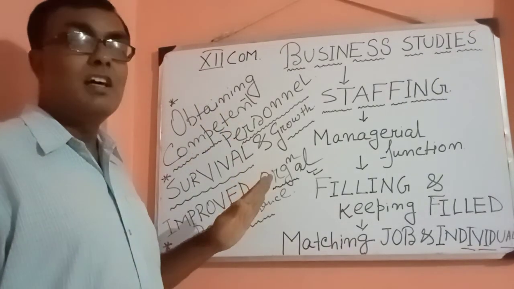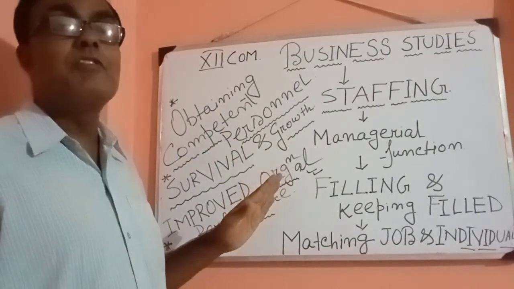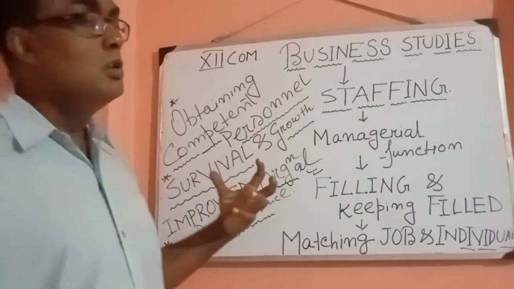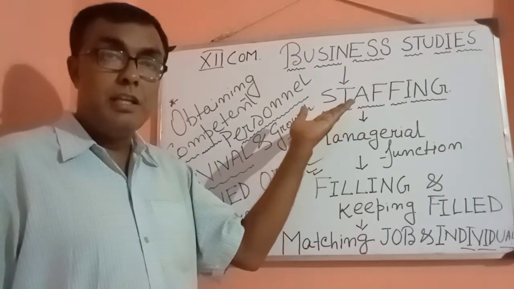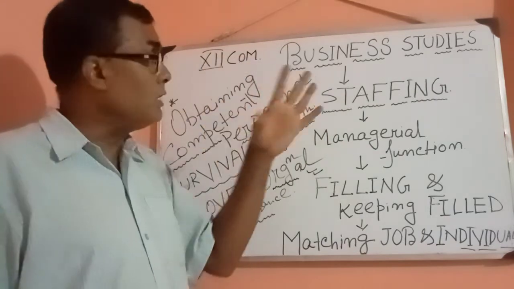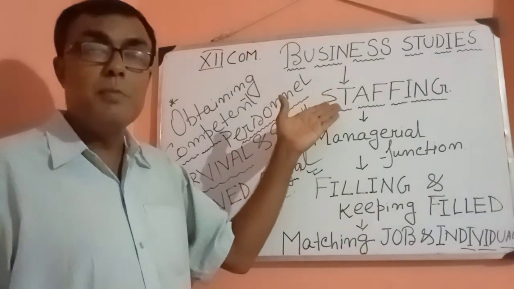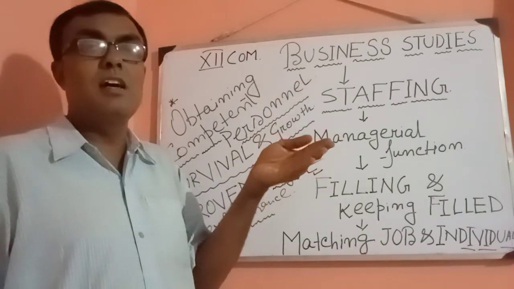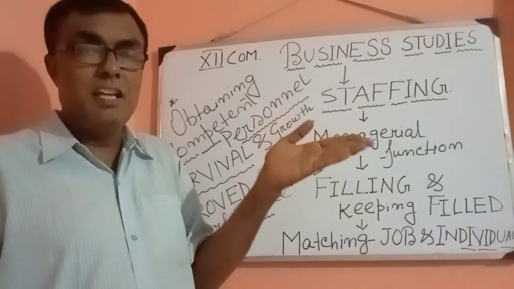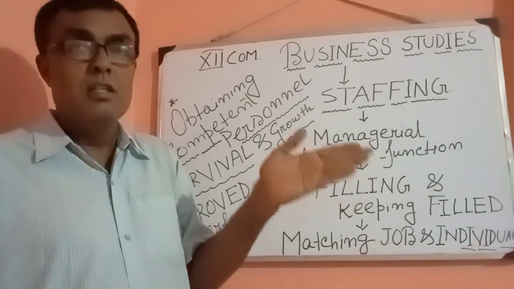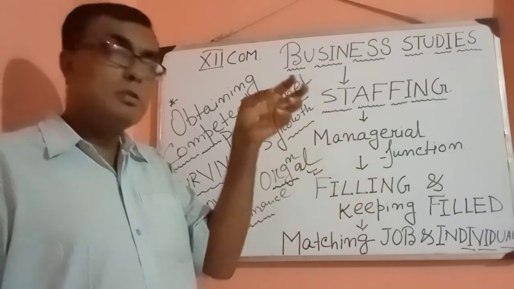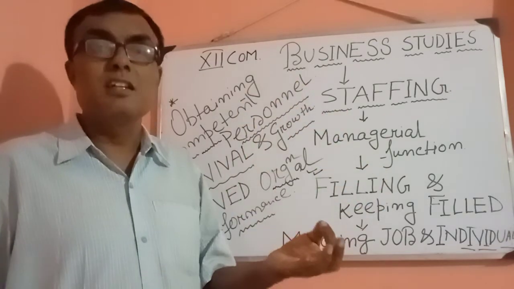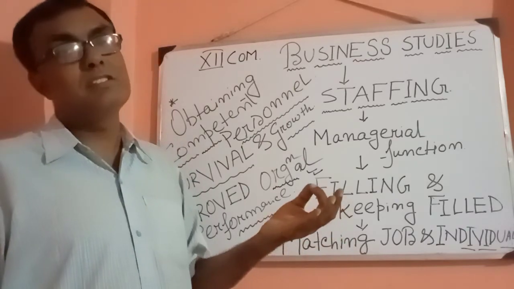In the next class I will go through the staffing process, as you have already understood that staffing is a process. In this process different steps are there: recruitment, selection, training, development. We will have to discuss this elaborately in the next class.